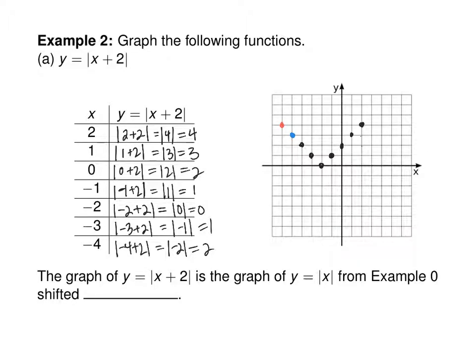So once you plug in points, eventually after enough of them, you're going to see that V shape again. And so compare that to the parent graph from example 0, which I'll sketch back in. That parent graph from example 0 looks like this. Well, that's that graph shifted left 2 units.